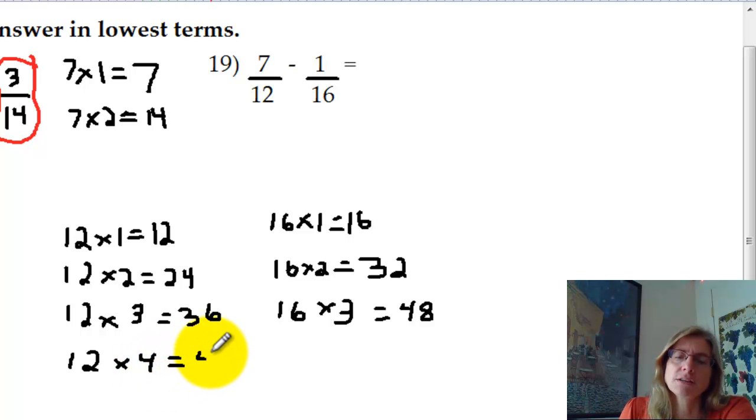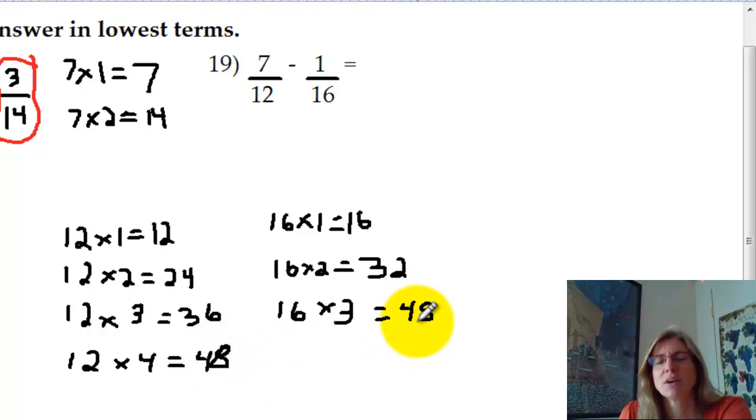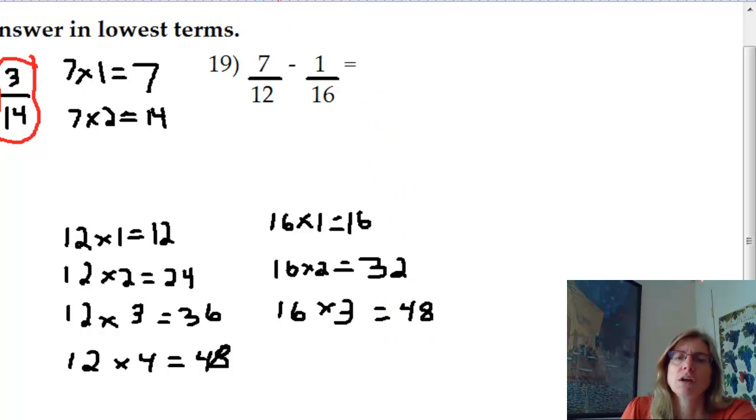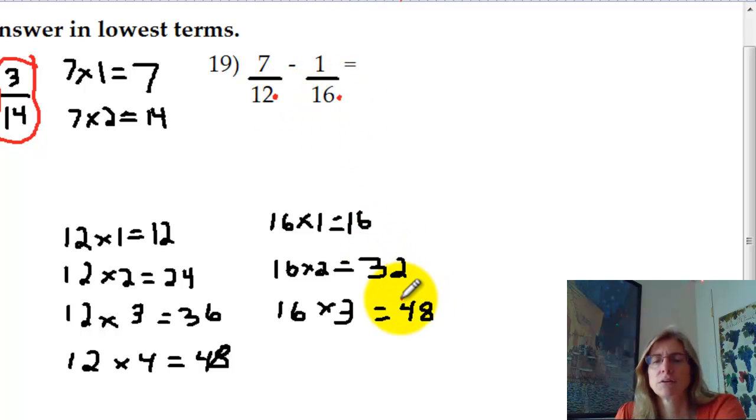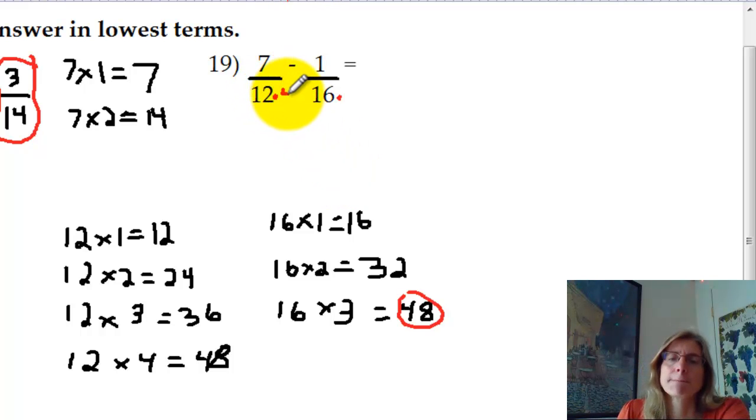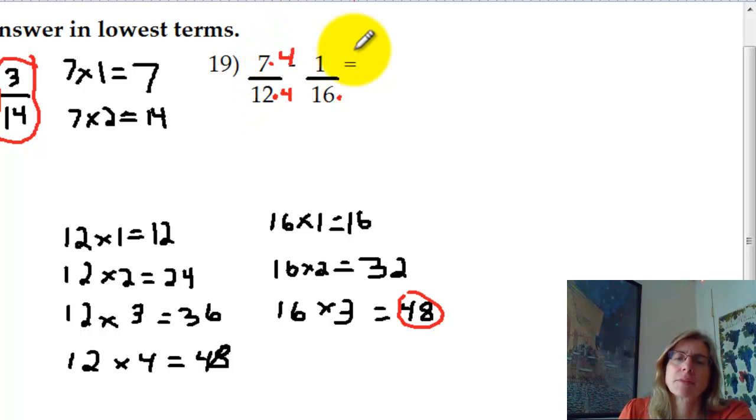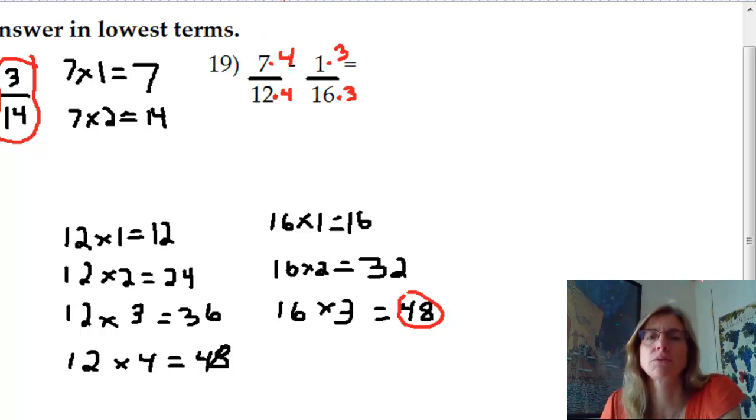So 48 is a common multiple between 16 and 12, and it is the least common multiple. So we're having to make our denominator 48. So 12 times 4, and that means we multiply the numerator times 4, and we multiply 16 times 3 to get 48 there. So we have to multiply the top by the same number, number 3.